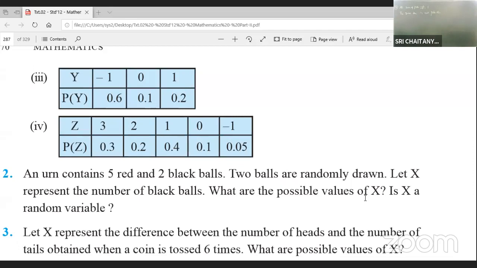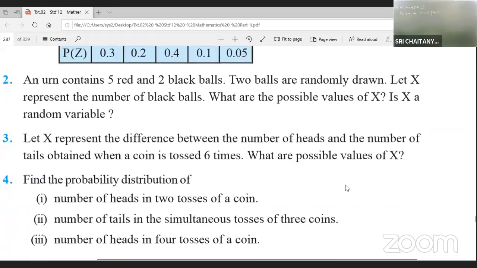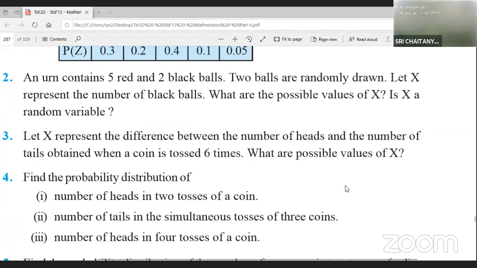And I am going to share the next problem, second main, on the board. Observe that one and how to do that problem. First of all, what is the meaning of that problem?